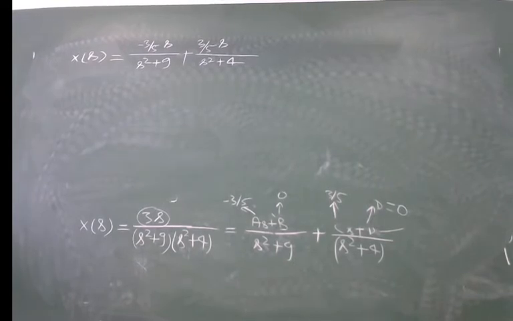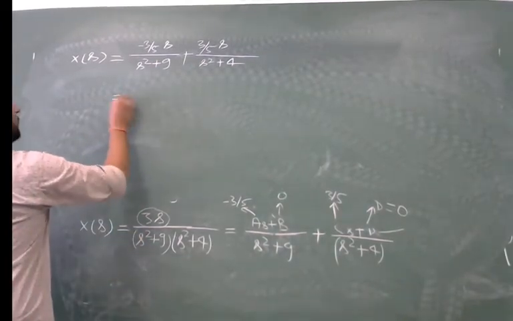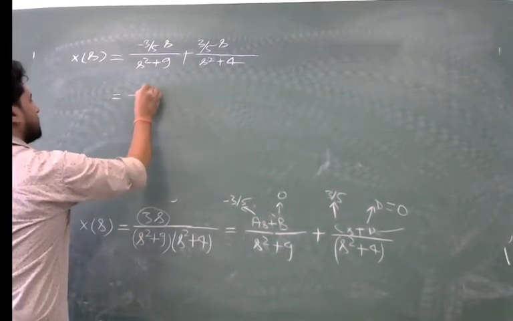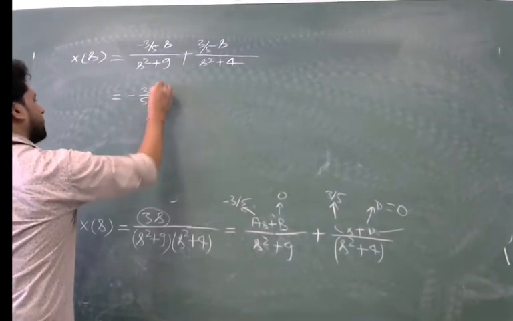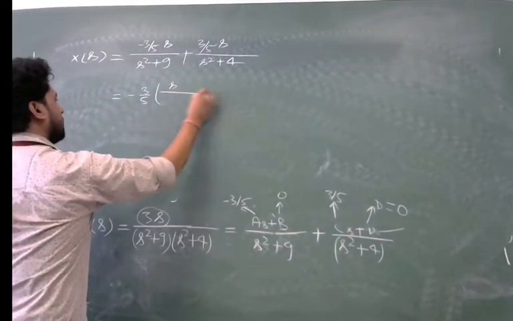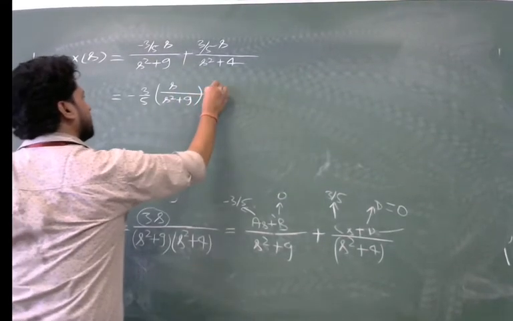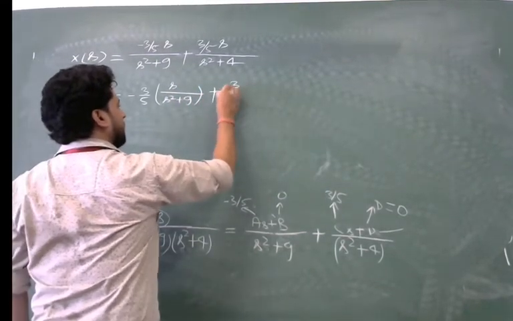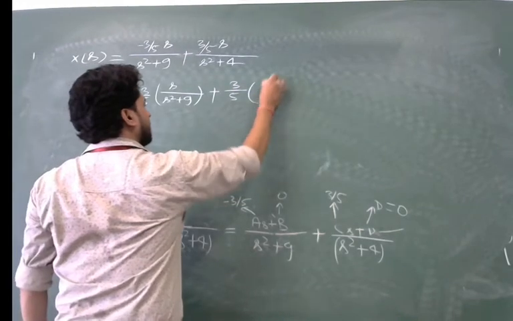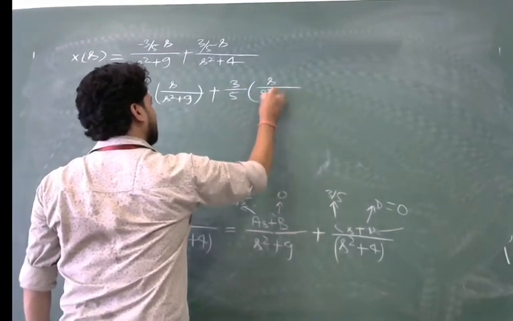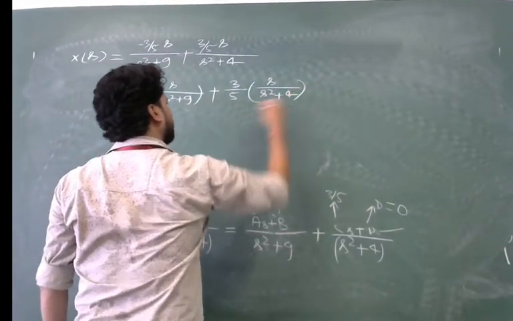Now write this in the way as this is equal to minus 3 by 5 s upon s square plus 9 plus 3 by 5 s upon s square plus 4.